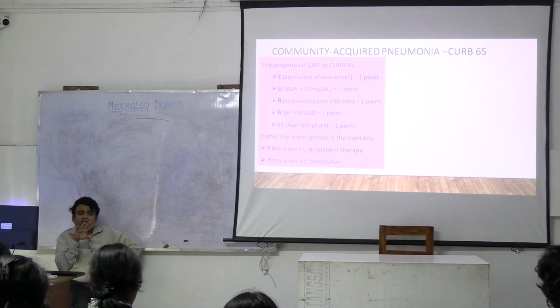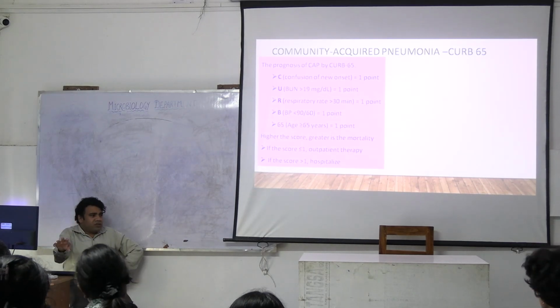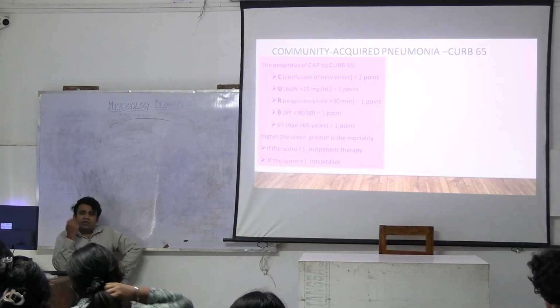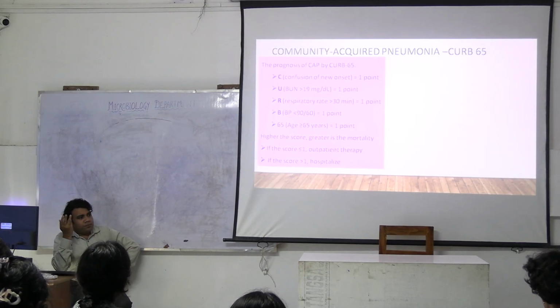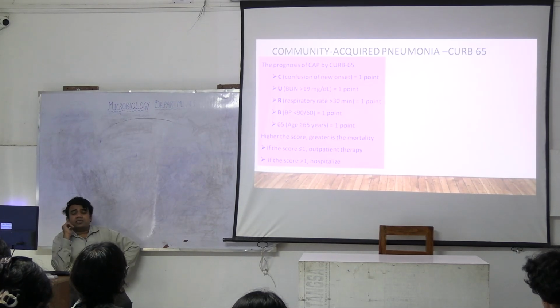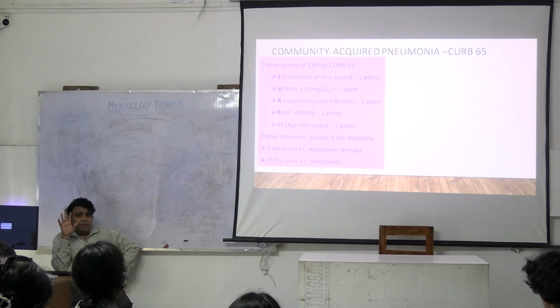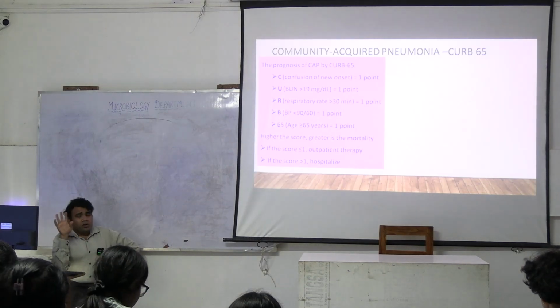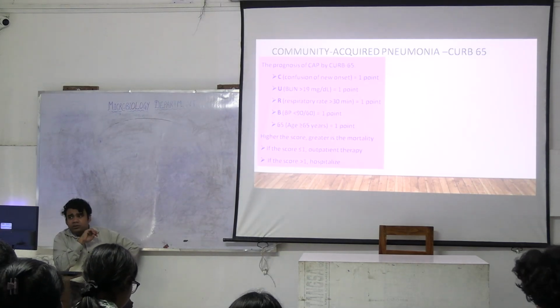If the patient deteriorates, you have to admit the patient, give intravenous antibiotics and fluids, otherwise the patient will collapse, and some patients may also improve. How can you take a decision? This decision is taken generally by this method called CURB-65. What is CURB-65? C for confusion, that means look whether the patient has any delirious state or not. U for blood urea nitrogen.